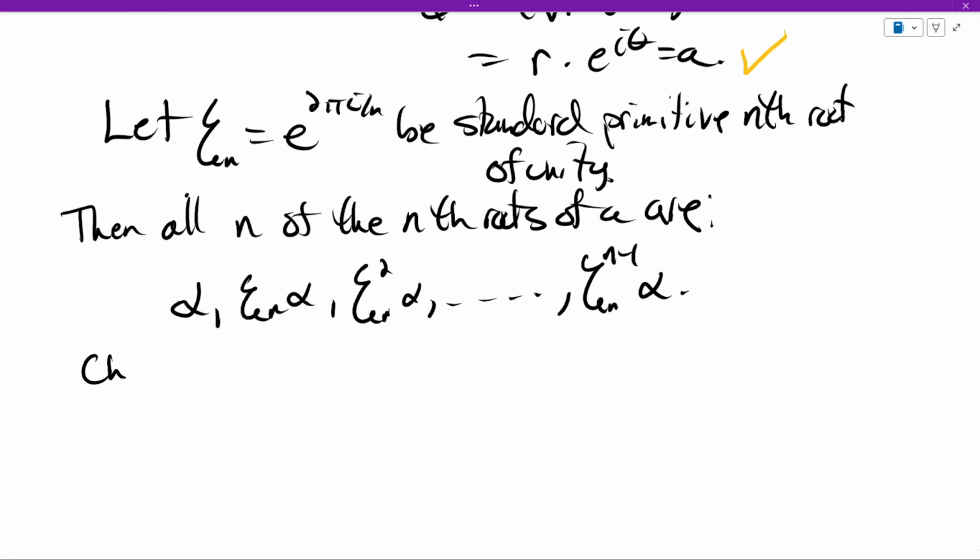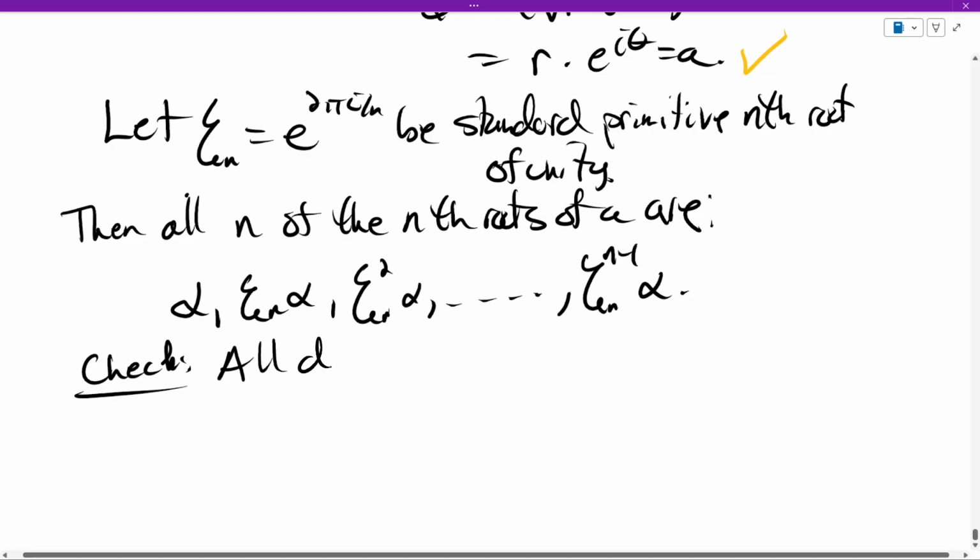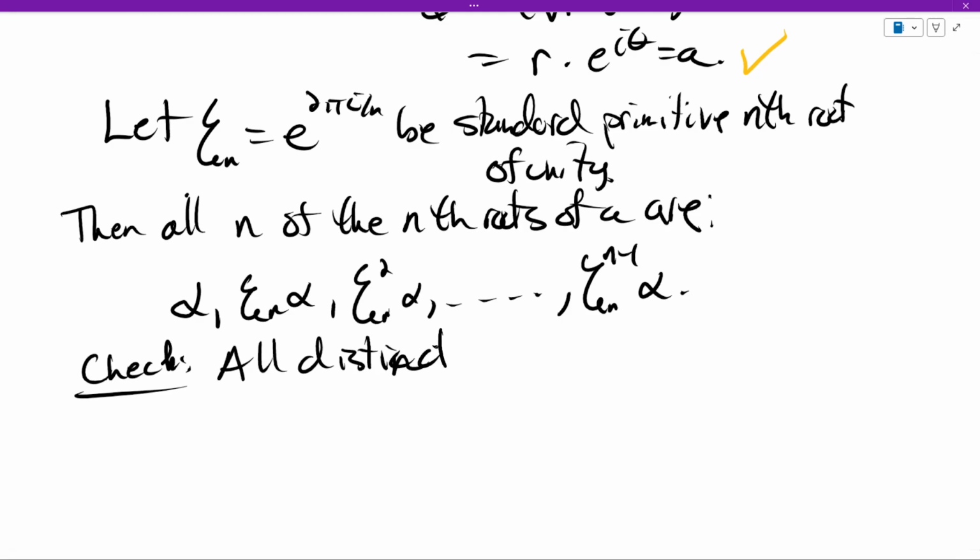Let's check real quick. What's the check? Well, they're all different because all of the zetas are different, so they're all distinct. And let's check that they're nth roots. What does a general element look like? It looks like zeta sub n to the k times alpha. We have to check that when we raise that to the nth power, we get a.